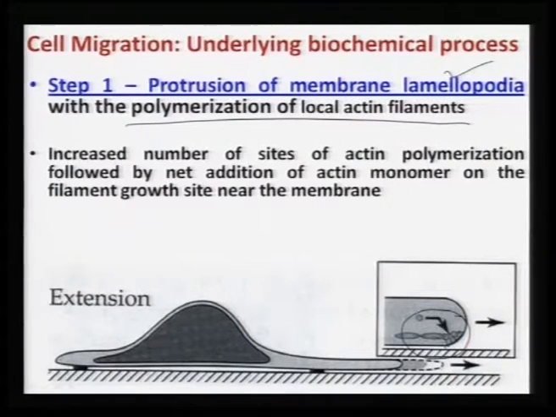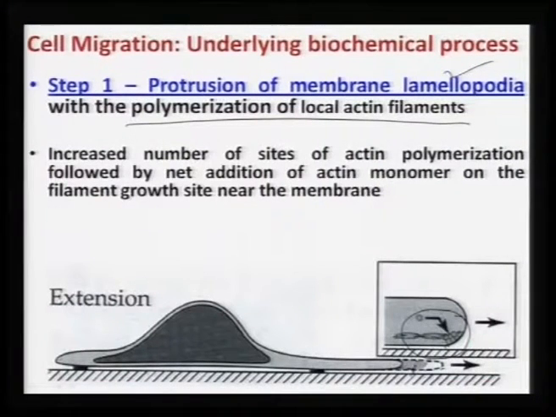These monomer units come together and form polymers at the leading edge. This leading edge is shown here as a dotted line. Dotted line means that this actin polymerization has not yet taken place, but it is going to take place in this particular area, and that will form another focal point here.